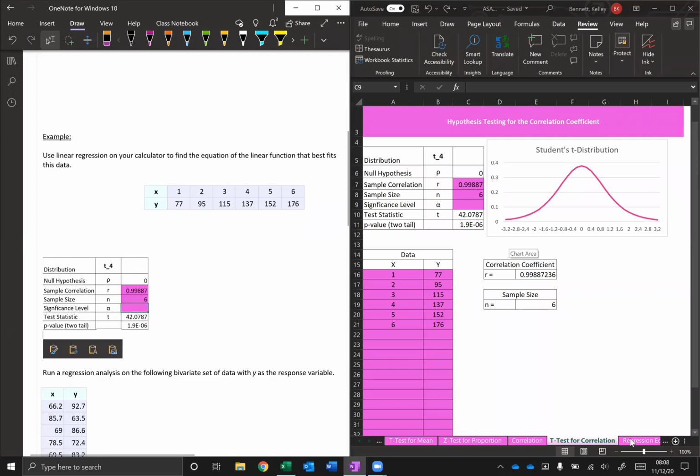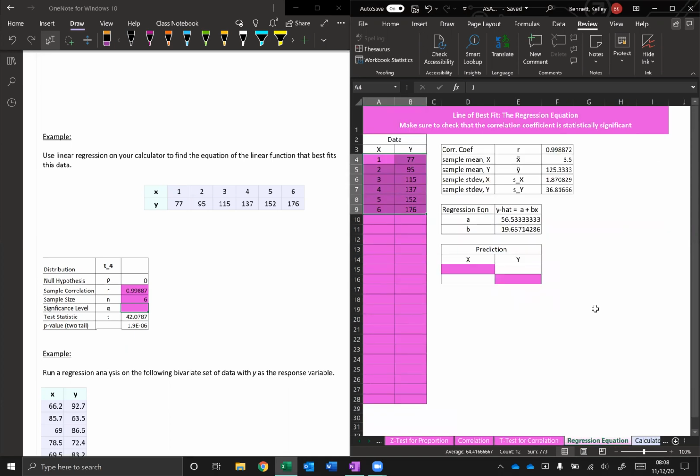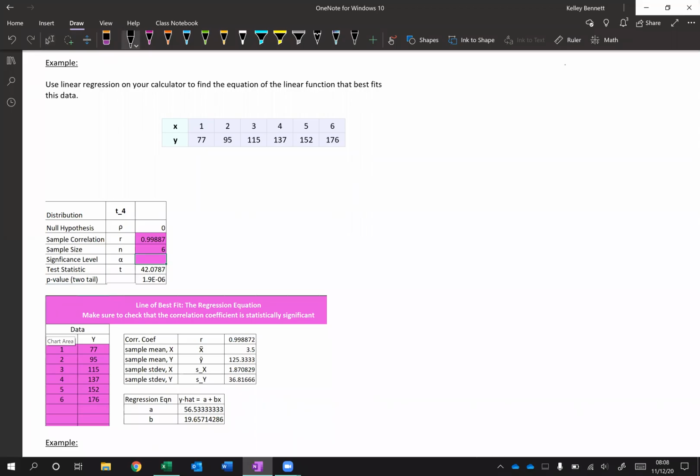Let's go grab our other stuff. So we're seeing here that p equals 0.000006, which is, there's no alpha that's going to be that small.